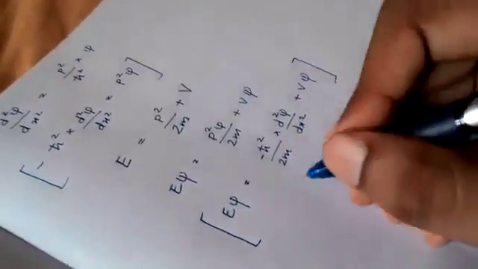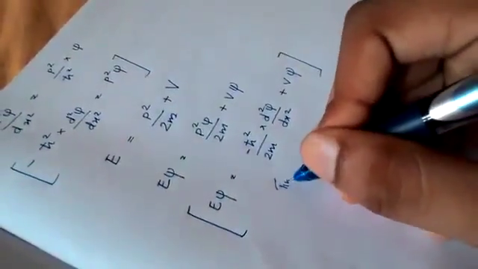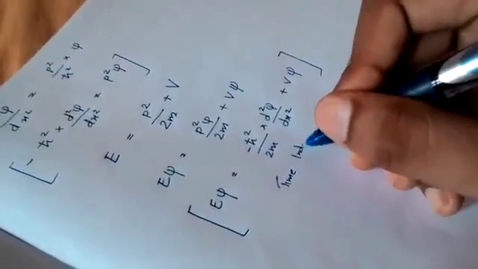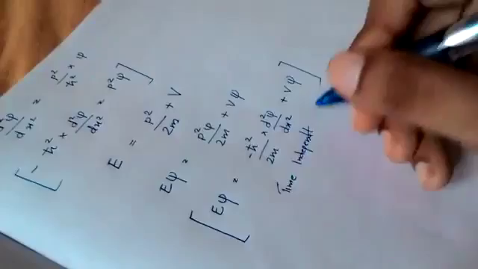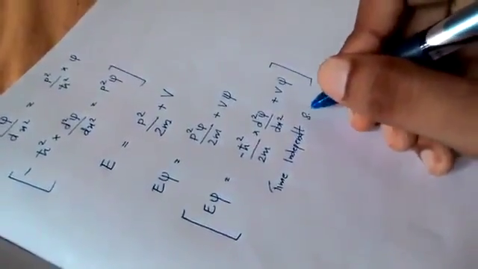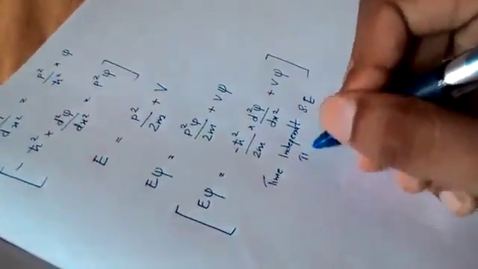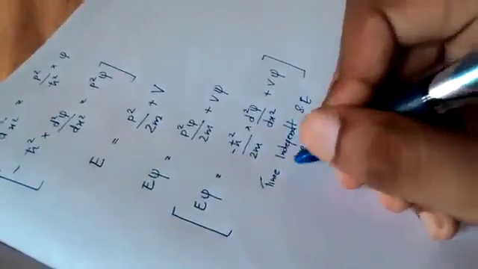This is the time independent Schrodinger equation, or TISE.